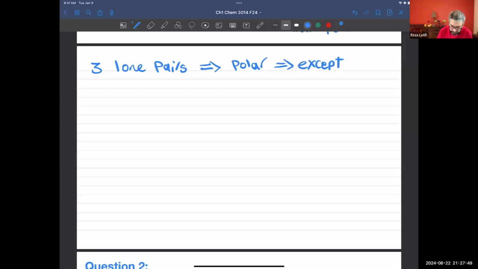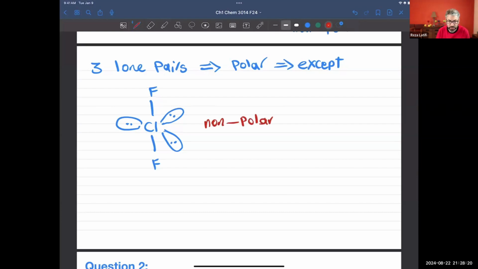For example, Cl attached to fluorine, then say you have three lone pairs. That one will be non-polar. Remember, if you change one of the fluorine to another atom, for sure your molecule will be polar, because I said if you have non-identical elements, then you will have a polar molecule. But in this case, all the lone pairs are going to cancel each other, so your molecule will be non-polar.